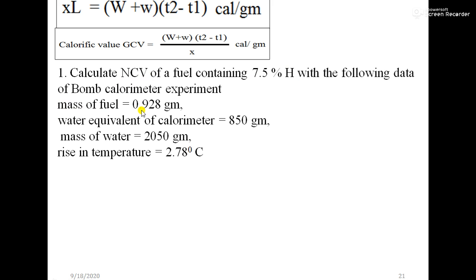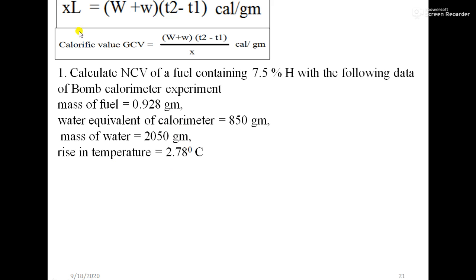Mass of the fuel is 0.928 gram, which is X. Then the water equivalent of the calorimeter is 850 gram, that is omega. Then the mass of water is 2050 gram, that is W. The rise in temperature is 2.78 degrees Celsius, so T2 minus T1 is directly given.